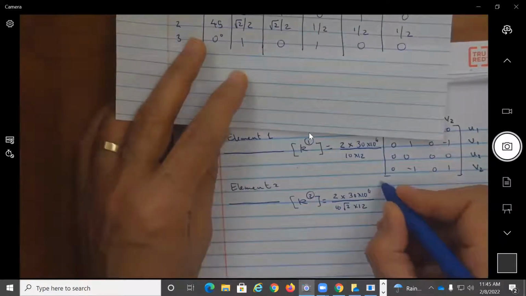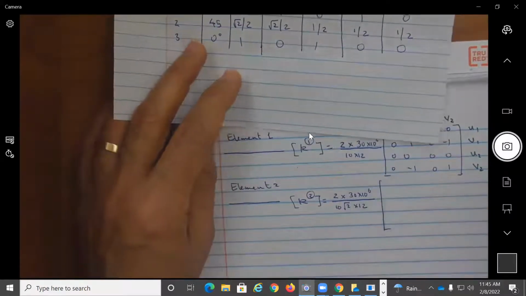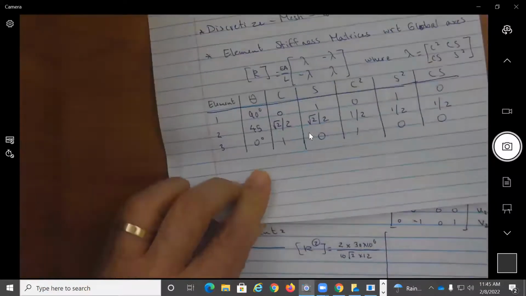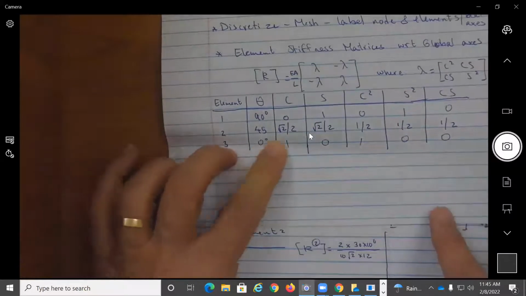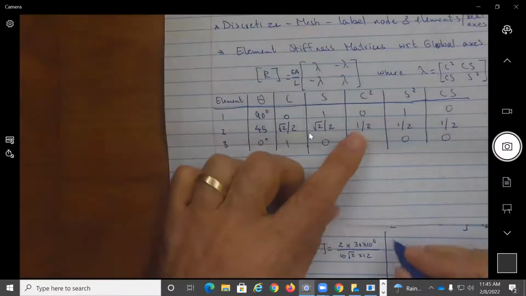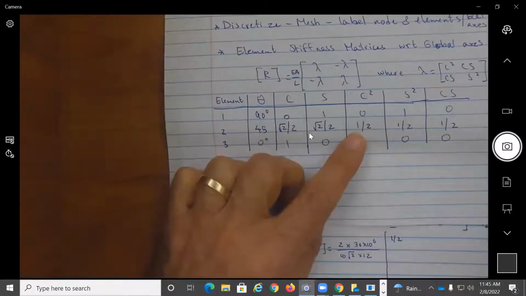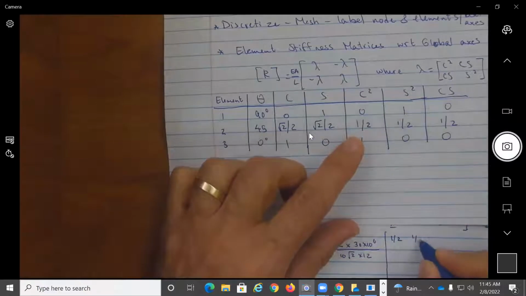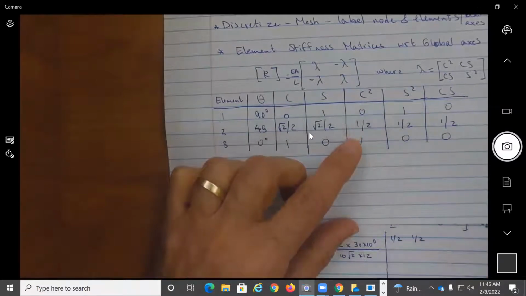And this is multiplied by, and I'm going to use my table. So I look at C squared. So I have a half. CS is a half. So here I have a half.